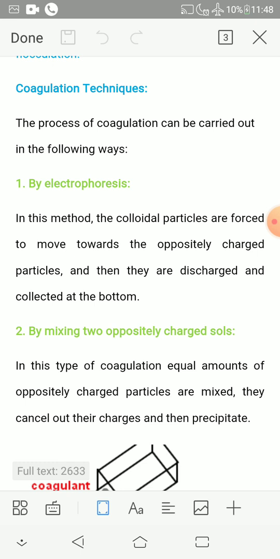In this method, the colloidal particles are forced to move towards the oppositely charged electrode, and then they are discharged and collected at the bottom. So using electrophoresis, you can coagulate a colloidal solution.